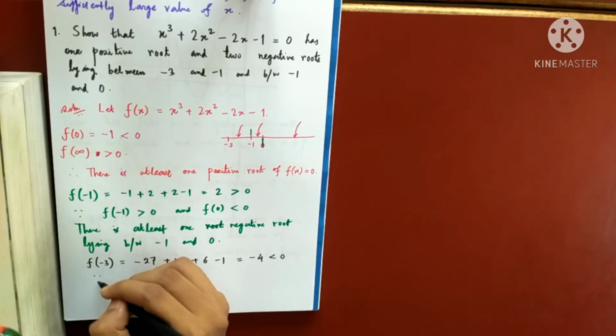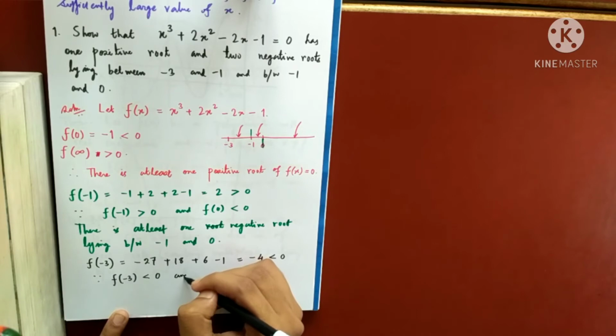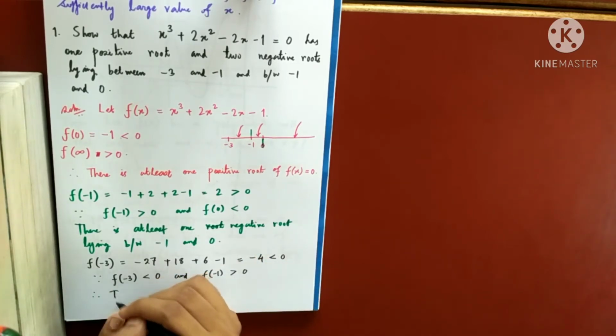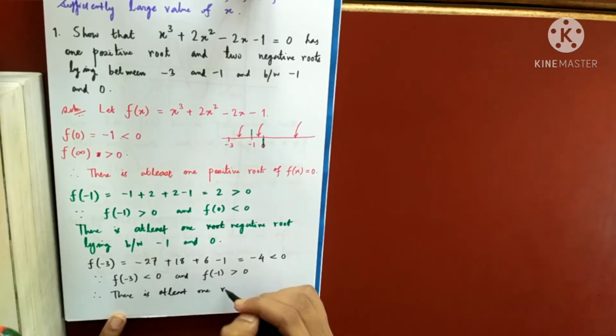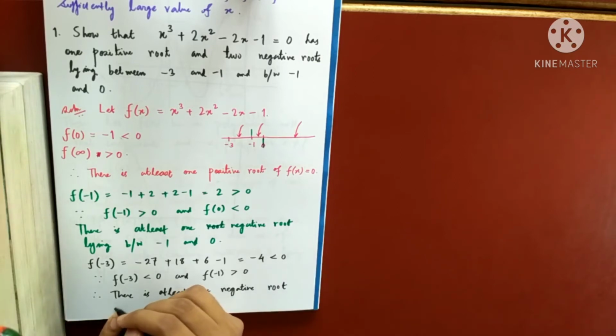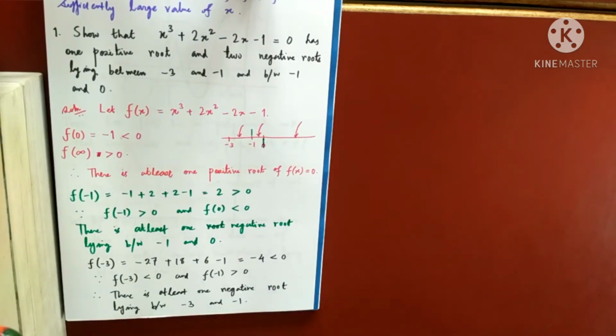So since f of minus 3 is less than 0 and f of minus 1 is more than 0, therefore there is at least one negative real root lying between minus 3 and minus 1.